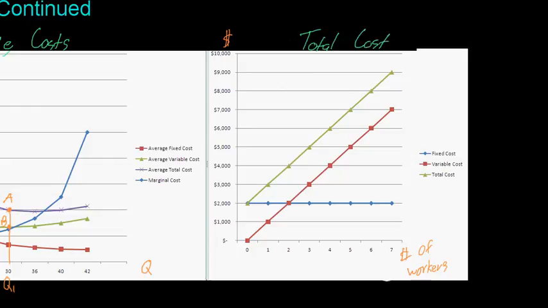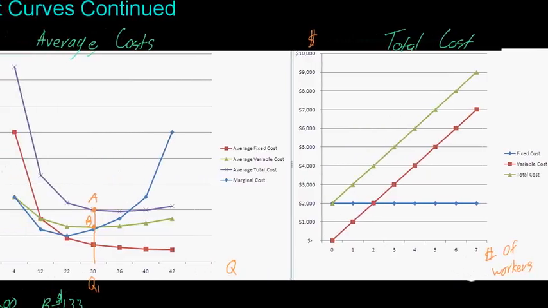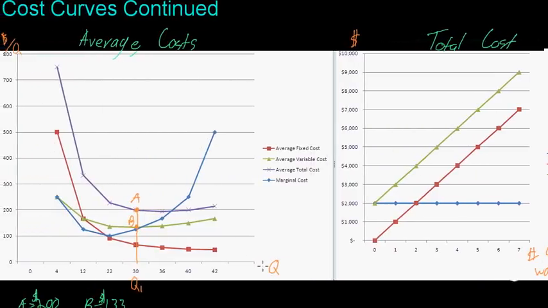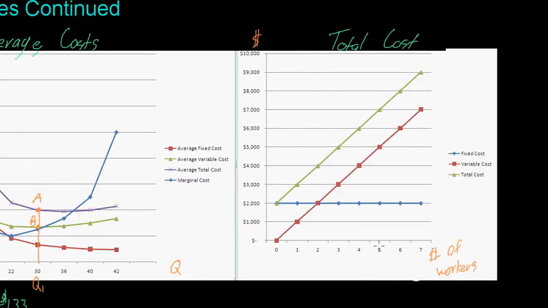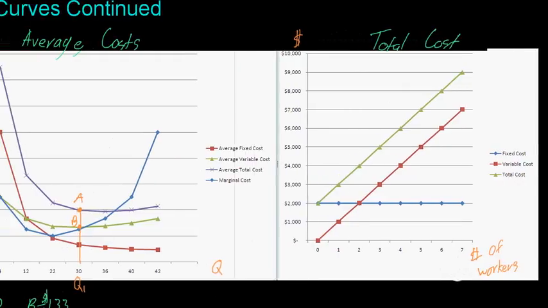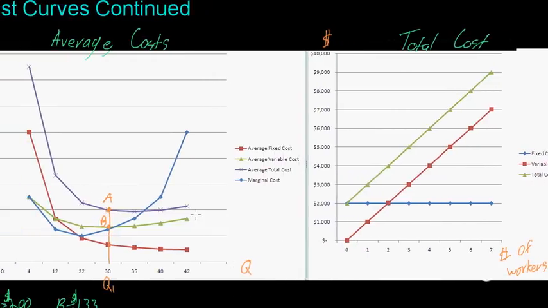Then I want to talk about the x-axis really quickly. Here we have quantity, units of output, and on this other graph I put number of workers. I could have put units of output here, using these exact same numbers, because one worker corresponds to 4 units of output. We were talking about surfboards in the last video, so we'll talk about surfboards again.